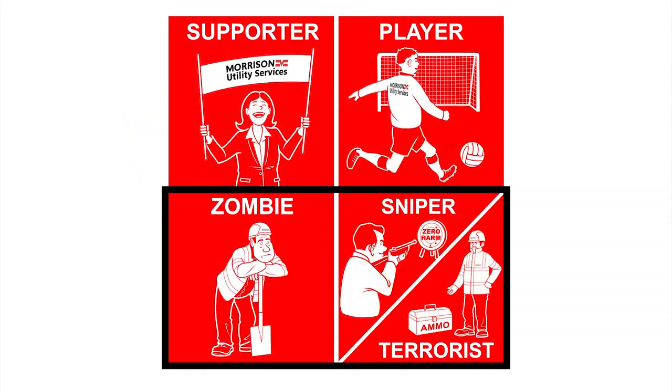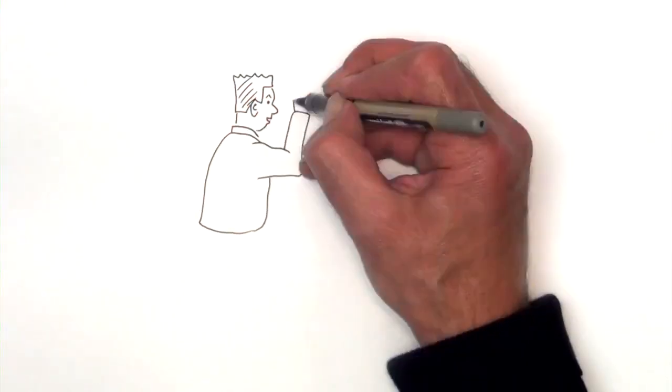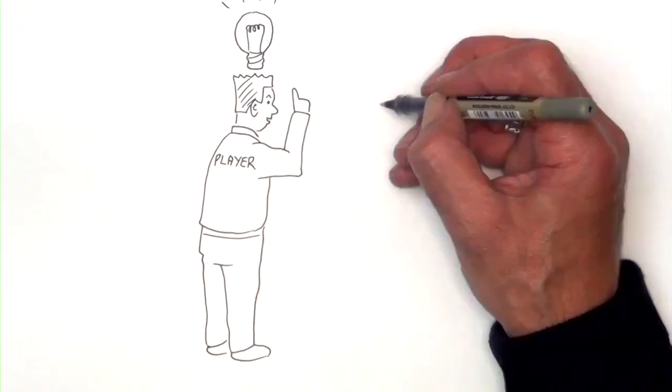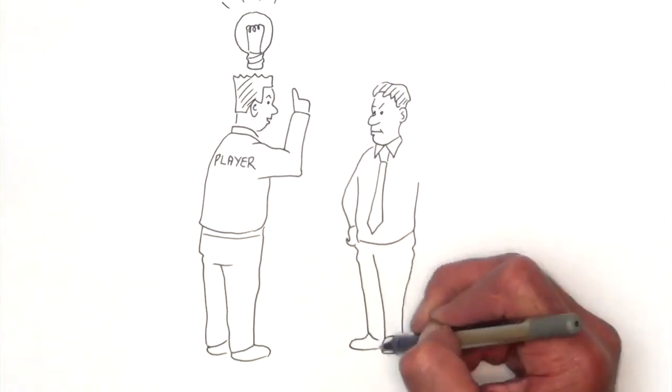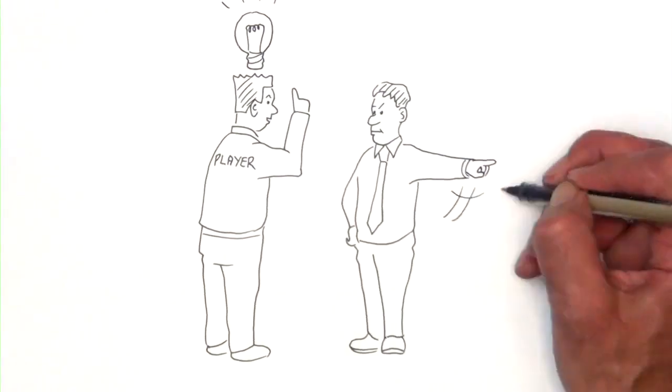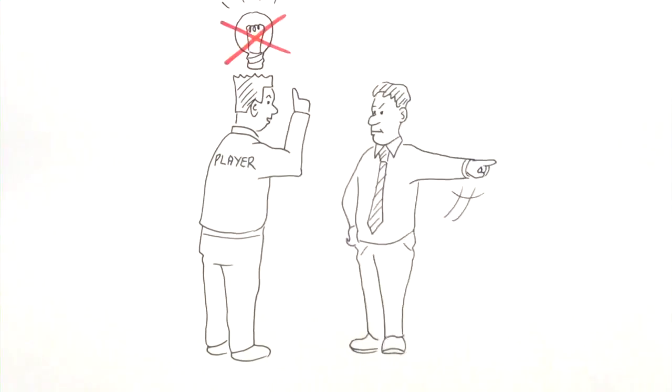How come most organisations end up with people below the attitude line? How come we end up with people with low self-esteem in our business? Well, imagine what happens to a player who sticks his hand up and says, "Hey boss, I've got a better way of doing this job," and is told to shut up and put up and get on with his job.